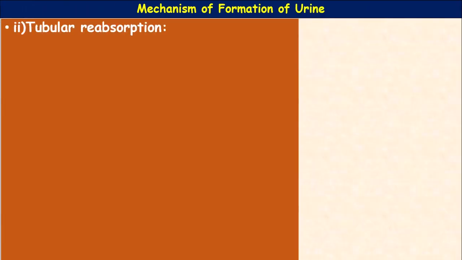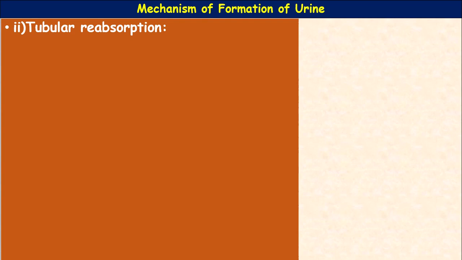So tubular reabsorption. Before going to tubular reabsorption, we will know what happens during the filtration. The filtrate has urea, glucose, various salts and the proteins of plasma and large quantities of water. All these are filtered. Useful substances are not filtered through the filter bed formed by the glomerulus.